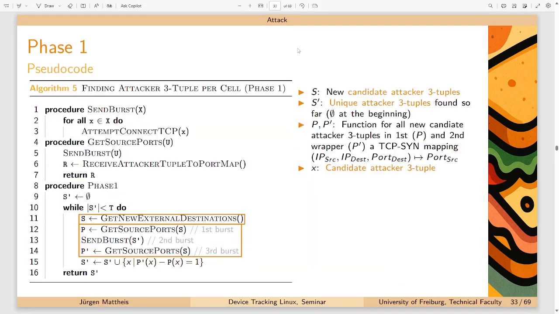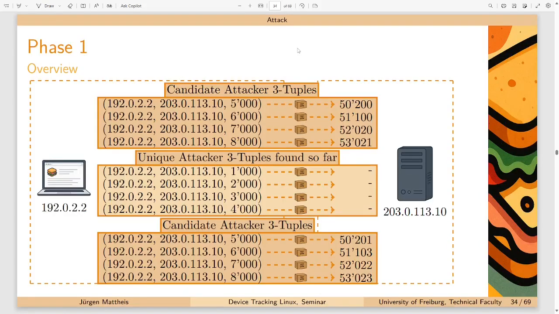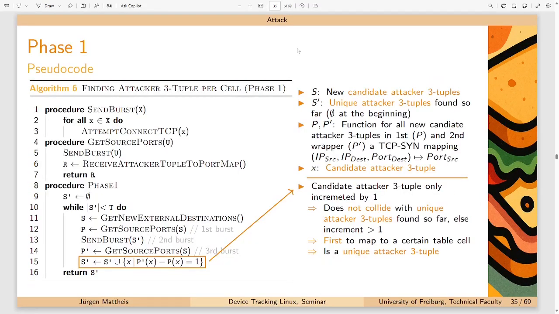At the beginning, of course, the set of unique attacker free tuples is empty. And then we have a condition down here, if you see my mouse pointer, and this condition determines if a certain candidate attacker free tuple is actually unique.